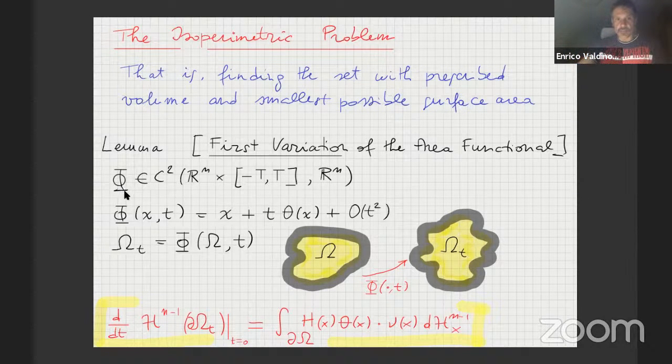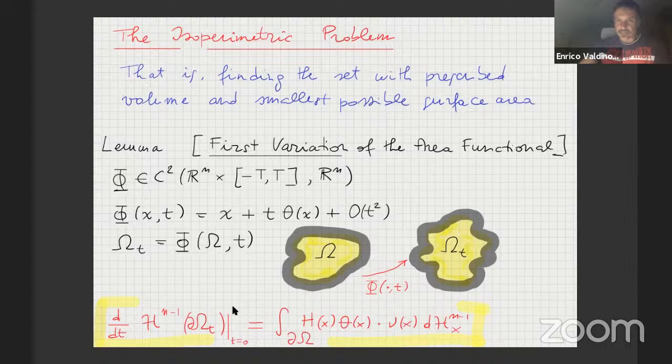You have a local diffeomorphism that is the identity at time zero, then the first order, I call it theta, and then higher order in t. And I call omega t the image at time t of my initial set omega. Everything is very smooth, so I can consider the surface measure of my set omega t, and I can take derivatives in t.